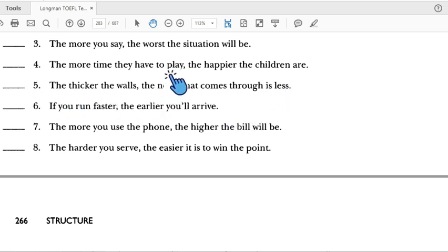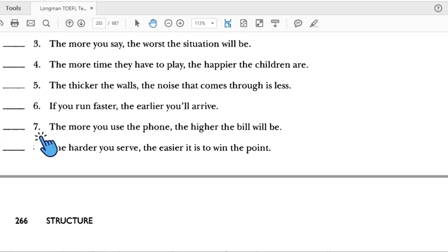Number five is incorrect. Number six: "If you run faster, the earlier you arrive." We have to remove "if": "The faster you run, the earlier you will arrive." We don't put "if". So number six is incorrect.